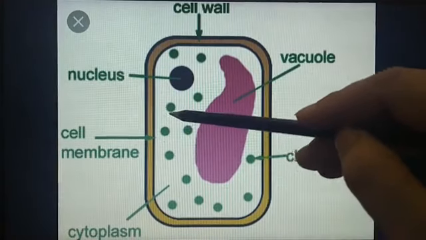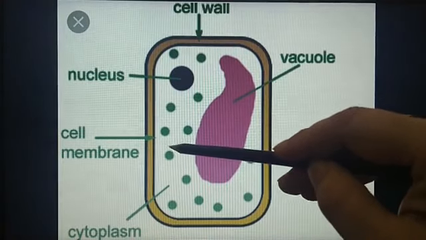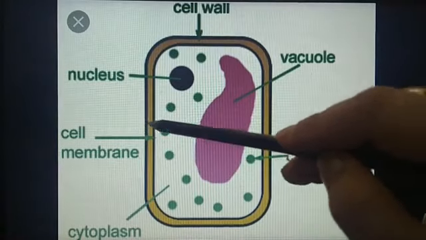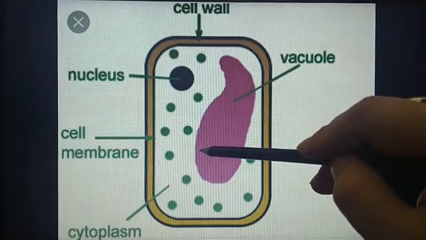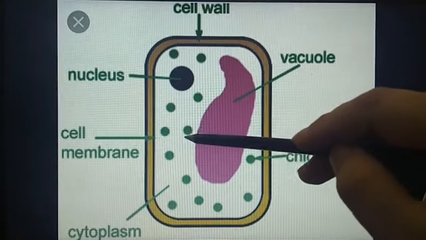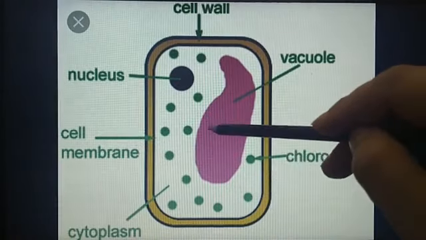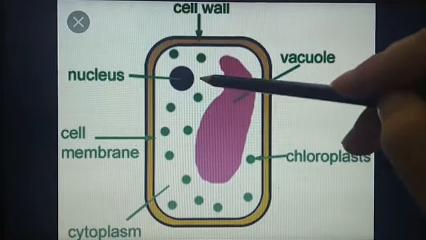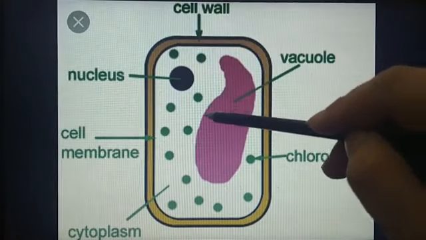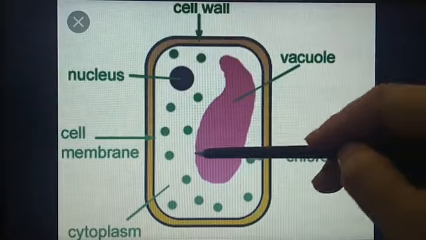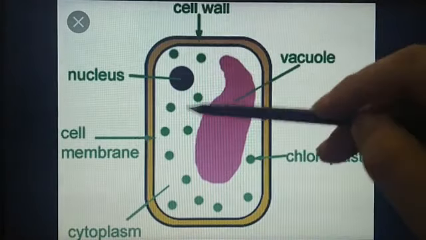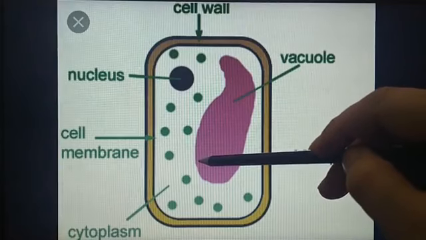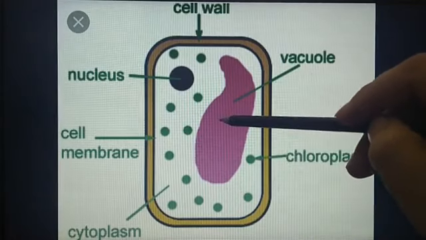Second, it acts like a gate, allowing transport into the cell of essential nutrients, whatever nutrient the cell wants, and movement out of the cell of waste products. Cell membranes are composed of lipids and protein.